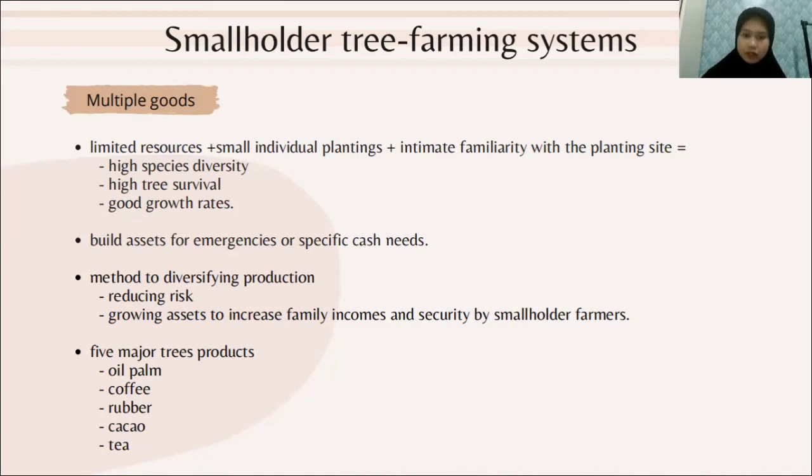Besides supporting family livelihood, smallholder agroforestry system also makes a significant contribution to economies. Smallholder tree farming system produces timber and has become an important source of raw materials such as oil palm, coffee, rubber, cocoa, and tree. These are the five major tree products that this smallholder tree farming system produces.